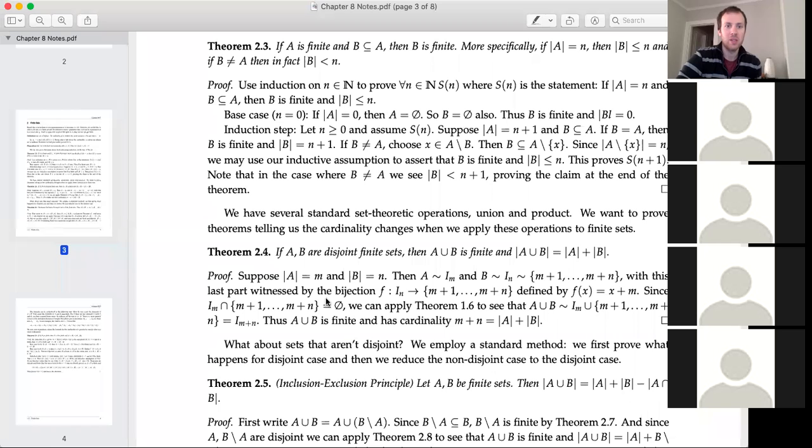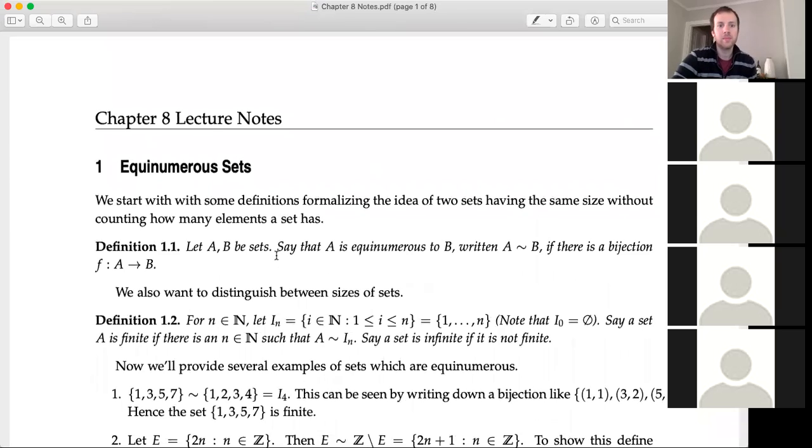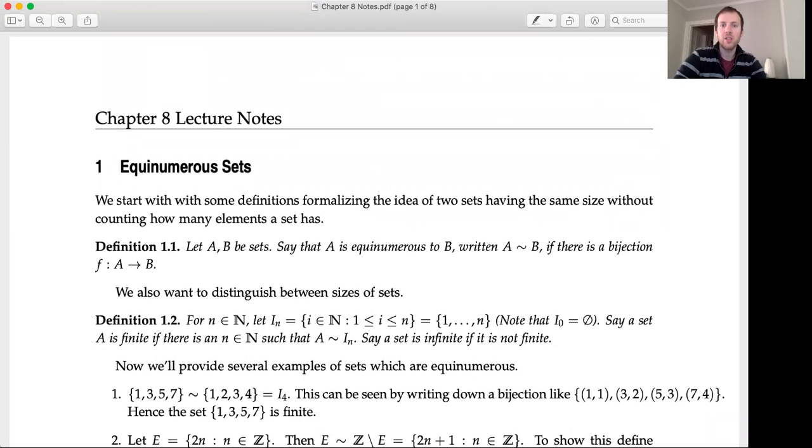So this is the idea, and now we'll get to the math here. This is the idea that we're going to use. If we want to say that two sets have the same size without just counting them, the word that we'll use is equinumerous. We'll write this little tilde here.